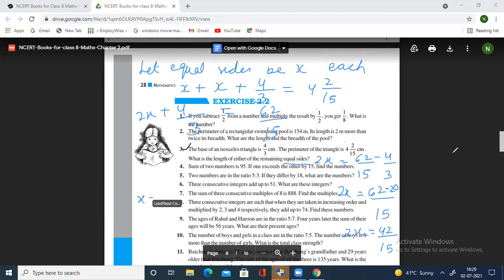So x is equal to 42 upon 15 into 2. This will make 21. Now I can cut it by 3. 3 7s are 21, 3 5s are 15. So the length of the remaining equal sides comes out to be 7 by 5 centimeter.